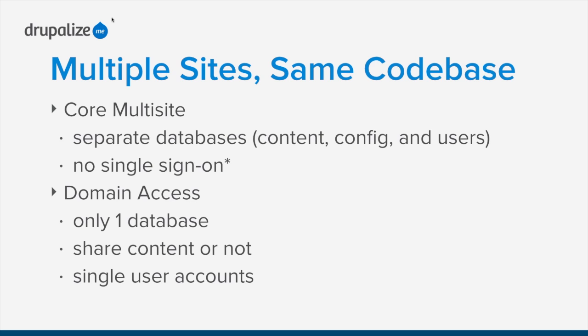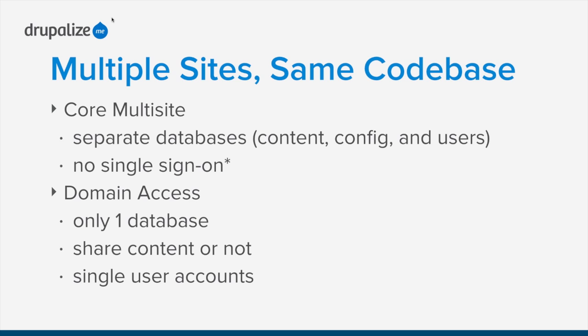But the classic multi-site setup is you essentially have 3 separate websites, kind of like the separate sites we just looked at. It's just that you're actually using the same code base. So all 3 can use the same views module code. You don't have to have 3 versions of the views module code on your server. You can just have one and all of them can share it. But when it comes to the database side of things, those are all separate.